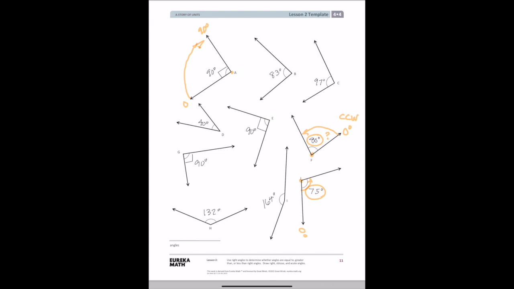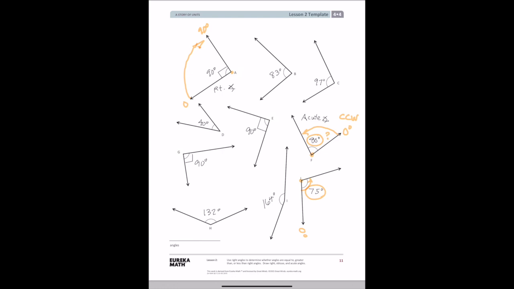Okay, and again, you should label them. Once you find out the degrees, then you can call them out. For example, with A, we know this is a right angle, I'm going to abbreviate. With F, we know it's less than 90, so it's an acute angle.